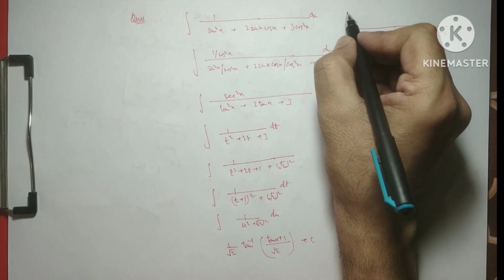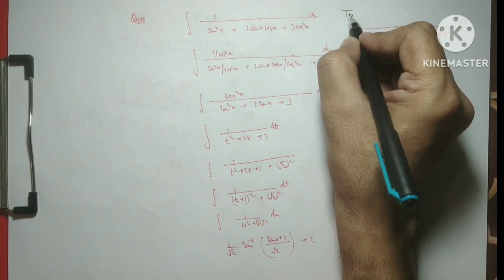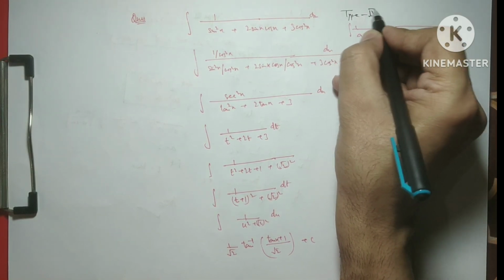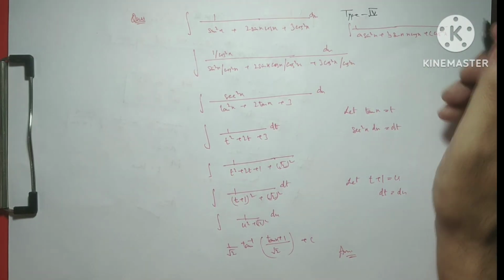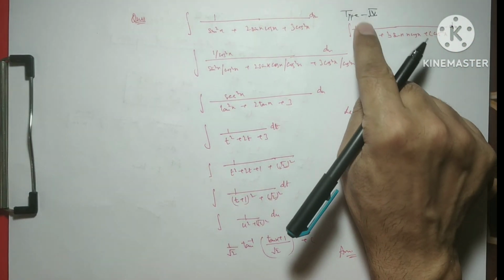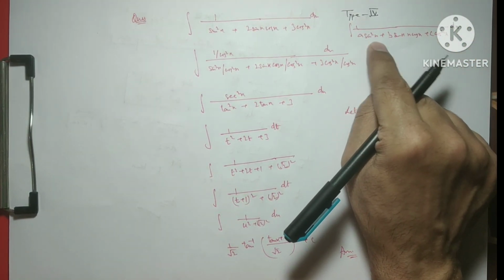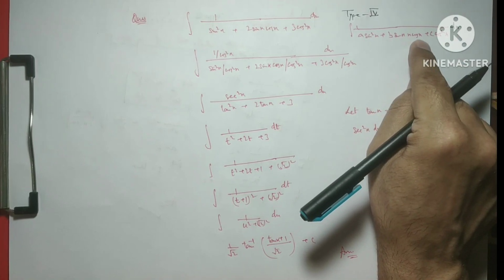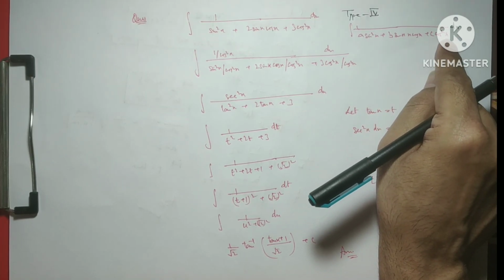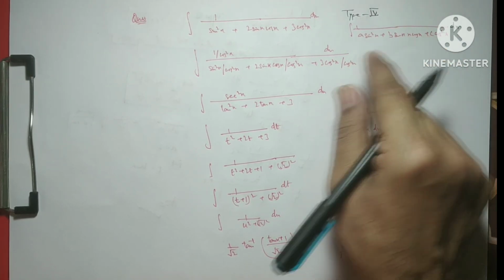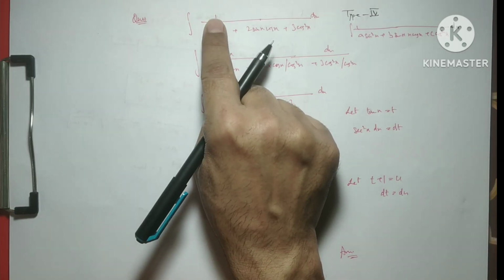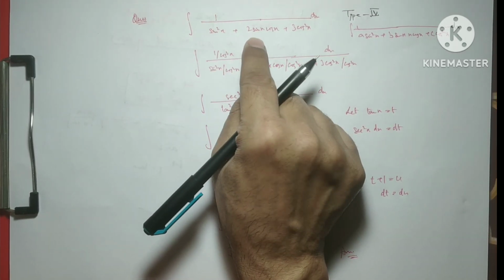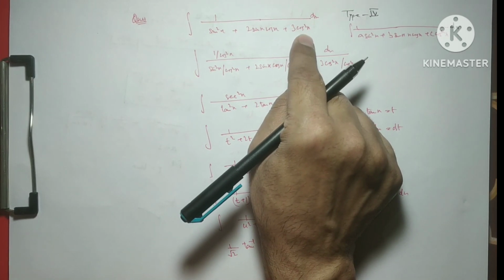Now the type 4. In type 4 we have the format 1 over a sin square x plus b sin x cos x plus c cos square x. So according to this type we are taking the question 1 over sin square x plus 2 sin x cos x plus 3 cos square x.